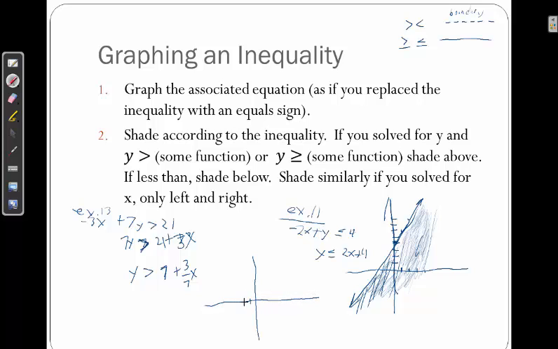So 1, 2, 3, 4, 5, 6, 7. So I have a y-intercept at 7. This thing would go down 3 and over 7. Put myself a little guide here.